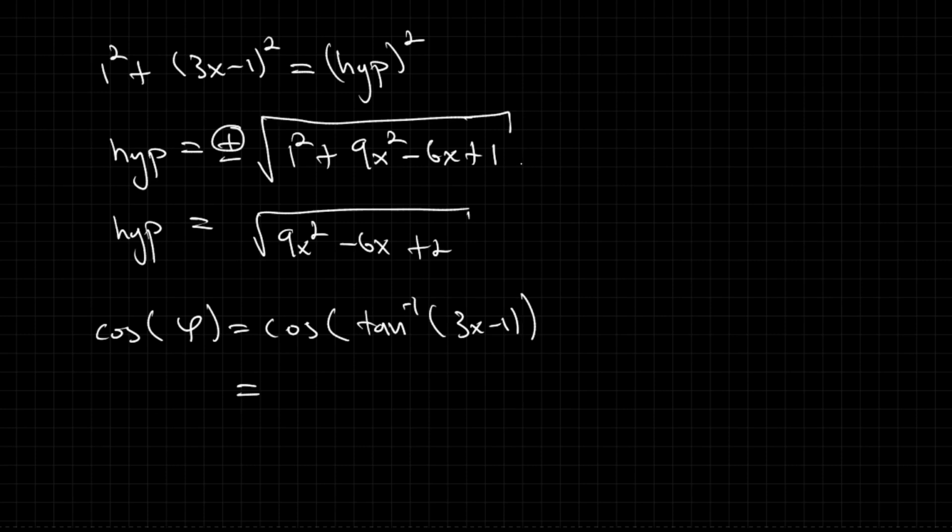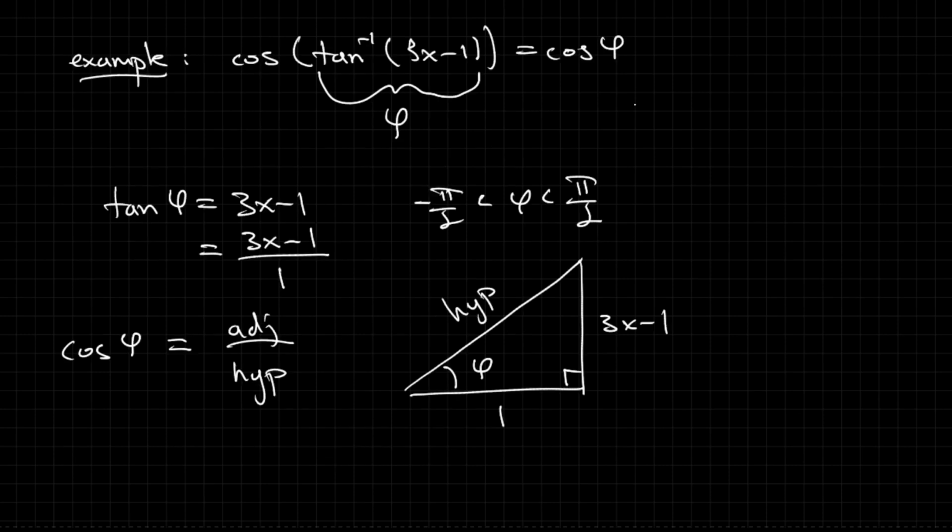That is going to be 1 over the hypotenuse, so 1 divided by the square root of 9x squared minus 6x plus 2. Now while this is a very common way to approach this type of problem, cosine of tan inverse of 3x minus 1, I prefer to use the other method.